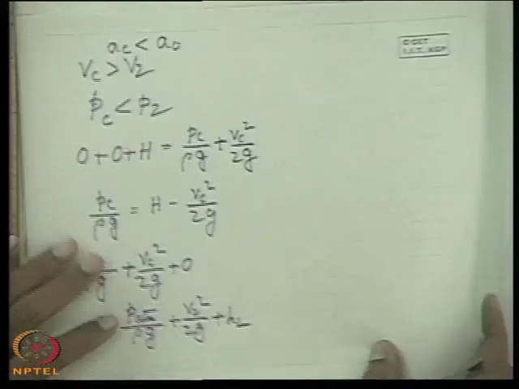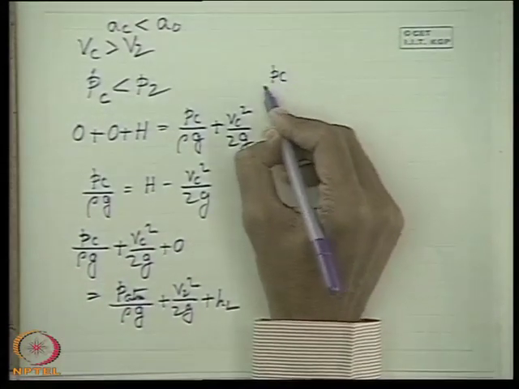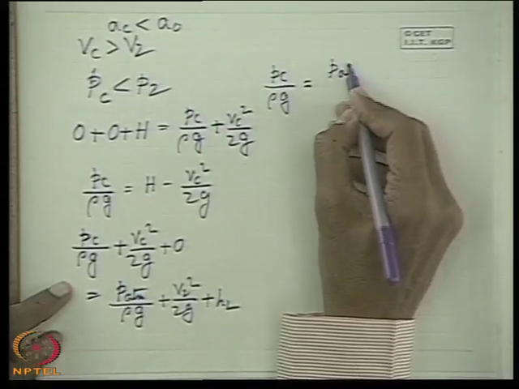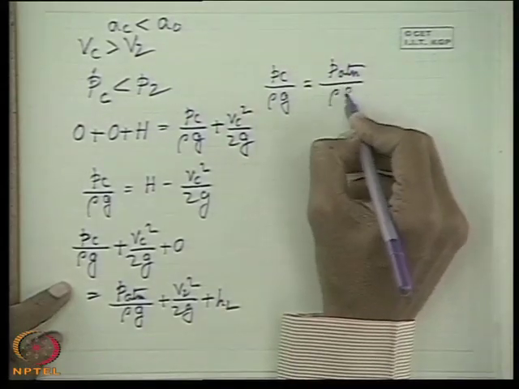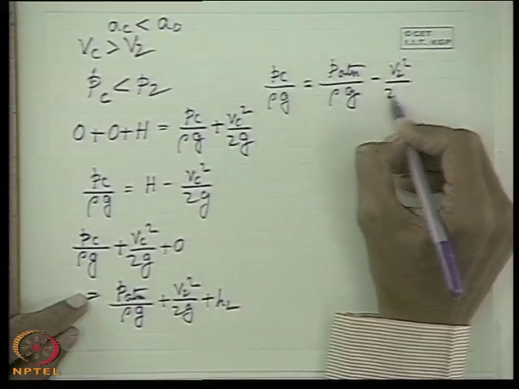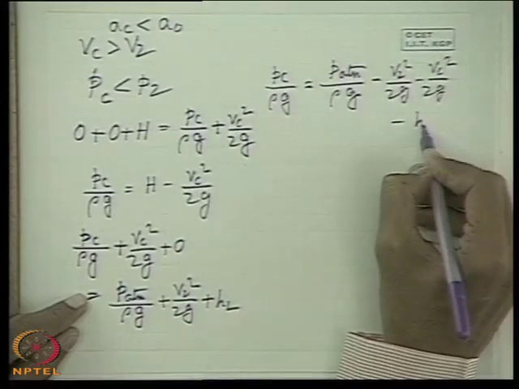If we do so, then you can write PC by rho G is equal to P atmosphere by rho G minus V2 square by 2G minus VC square by 2G minus HL.